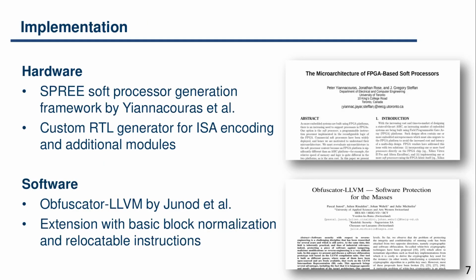For our hardware implementation, we employed the SPREE soft processor generation framework and extended it with a custom RTL generator for the randomized ISA encoding, as well as our modules such as the memory address sanitizer. For the software obfuscation, we extended Obfuscator LLVM with basic block normalization and added support in the GNU assembler to apply the randomized ISA encoding.